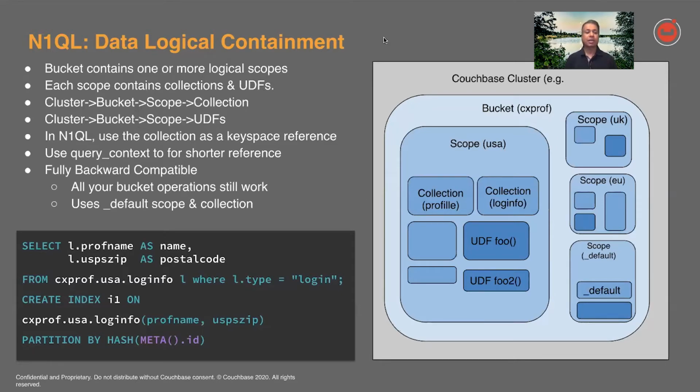Here is an example of a bucket cxprof that contains 4 scopes: the USA, UK, EU, and the default scope. The scope USA contains 2 collections, profile and loginfo, and 2 UDFs, foo and foo2. We'll be talking about UDFs in a moment.